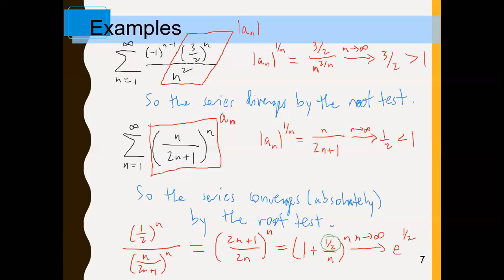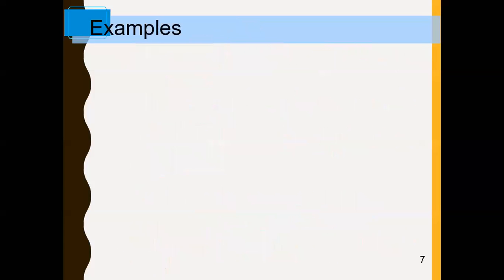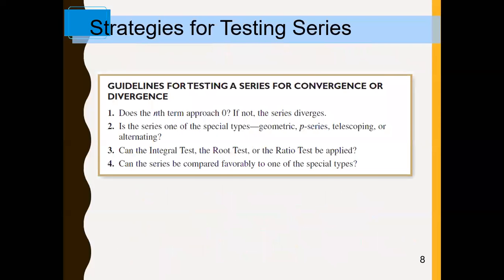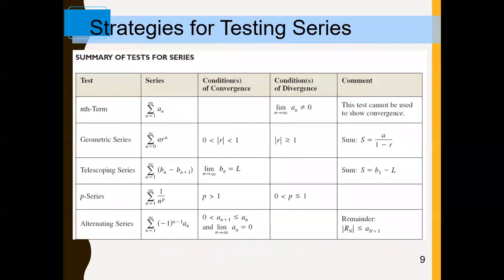Yes, we'll do that at the beginning of tomorrow. Let me show you what the plan is for tomorrow. There are a few slides at the end here, guidelines for a series for convergence or divergence. We're going to go through, even though I've talked about this, systematically thinking through which ones you need to use. Then there are some tables that we'll talk through at the beginning of next time also.